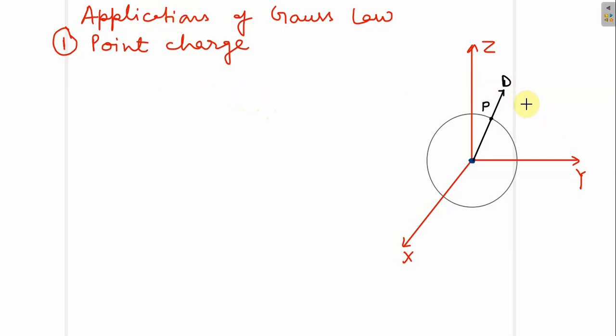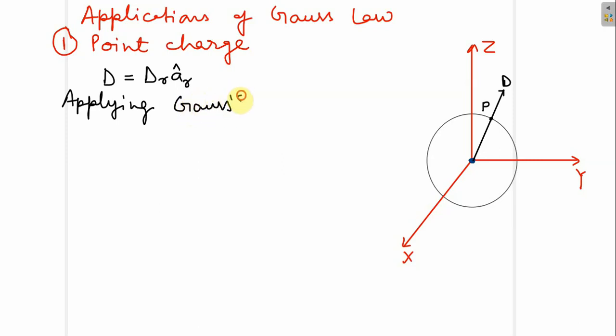Now at this point P it will satisfy the symmetry condition. So let's say D equals Dr ar, so we are representing it along this r vector direction. Now applying the Gauss law, what was that law? If you remember, psi equals charge enclosed.